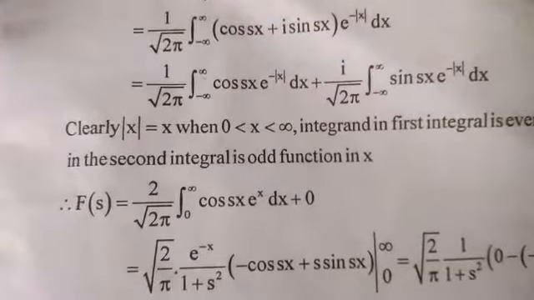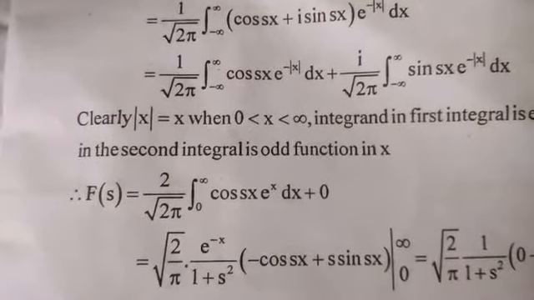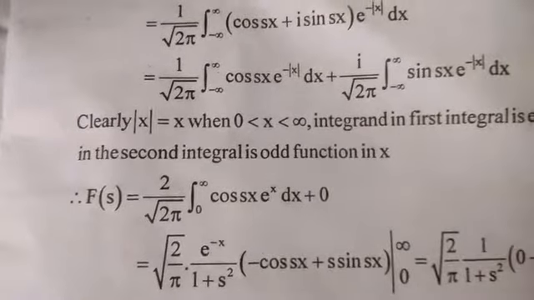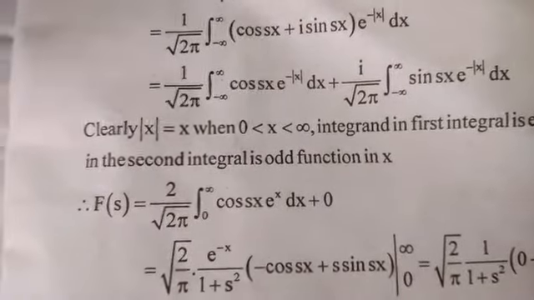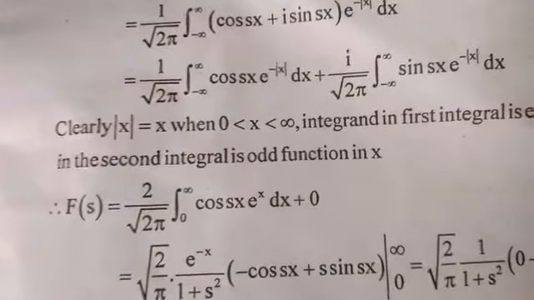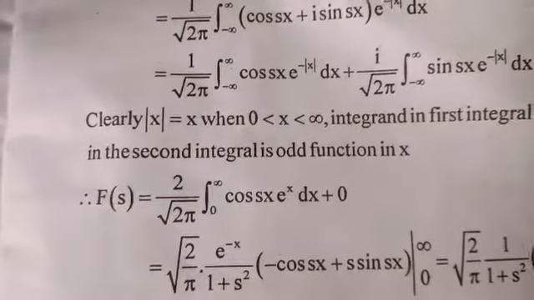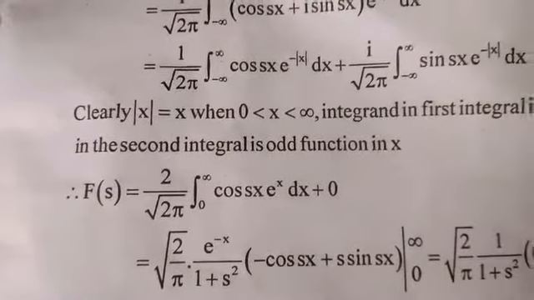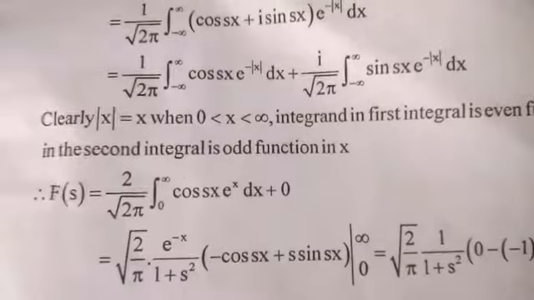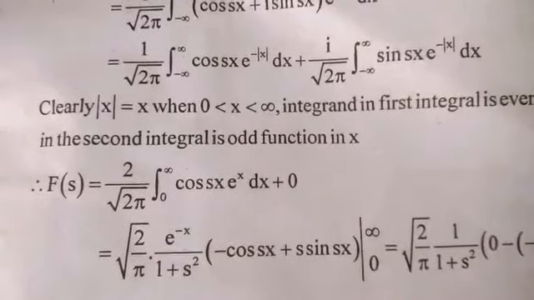Clearly, absolute x is equal to x. That is, when we say absolute, it does not take the negative sign; it is only the value of the variable. So even if it is minus 2, it becomes 2. If it is plus 2, it remains 2. Absolute of minus 3 is 3, and absolute of plus 3 is also 3. Therefore, clearly absolute of x is also x.